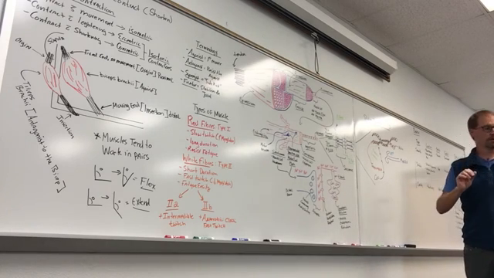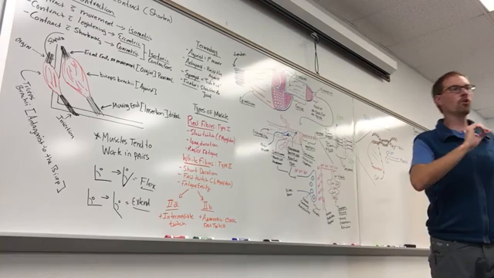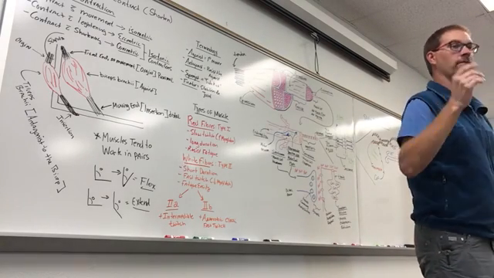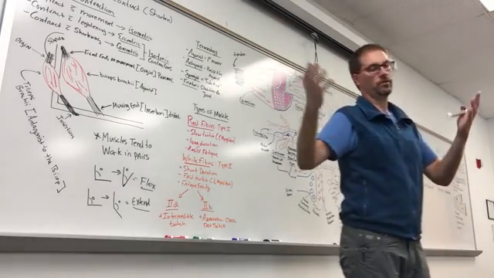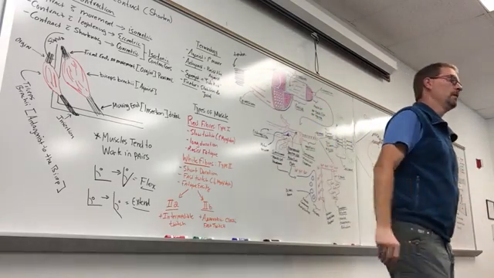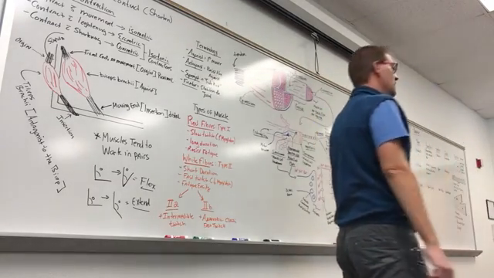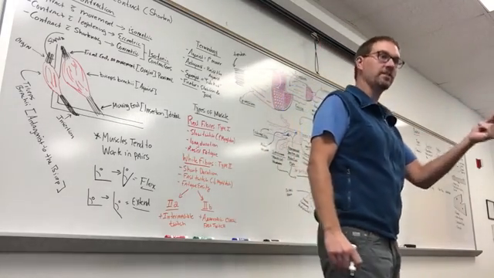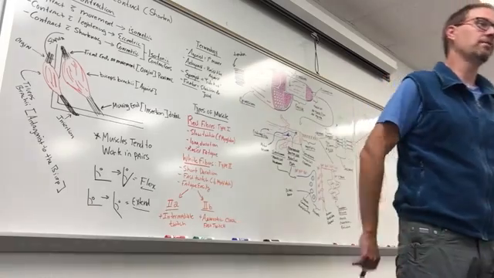And remember, form informs function, or function follows structure, however you want to put that. So clearly there's something curious about this presence of a striated pattern in these types of muscle.